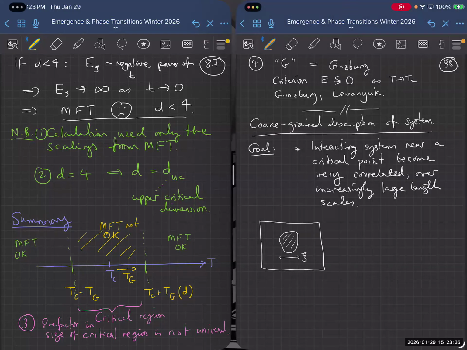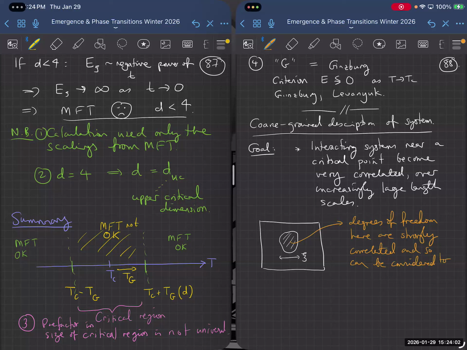And because they're correlated in here, our idea is the degrees of freedom are strongly correlated, and so can be considered to be one effective variable.